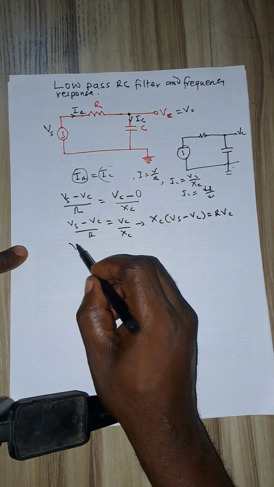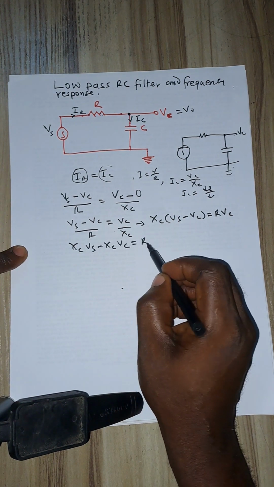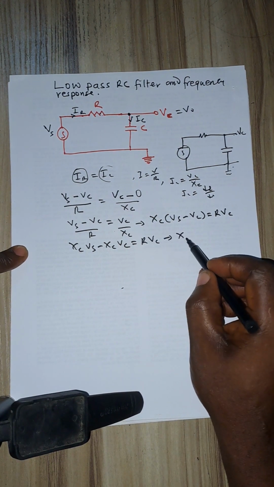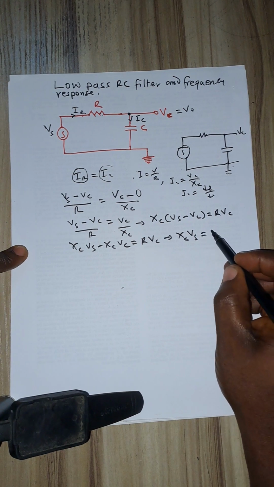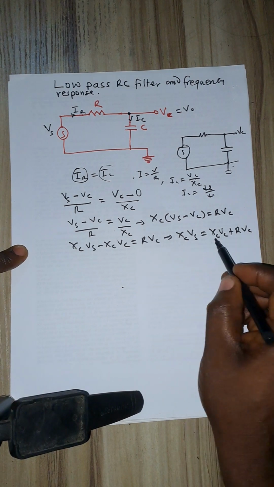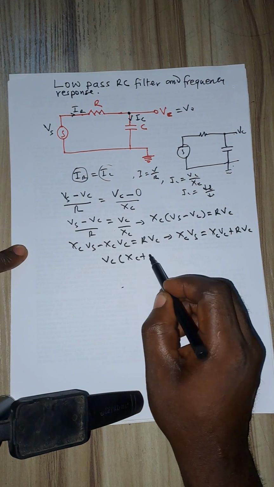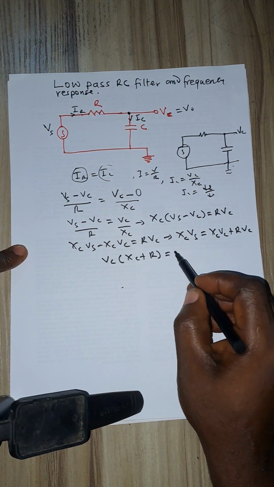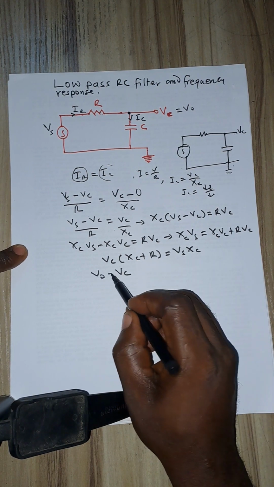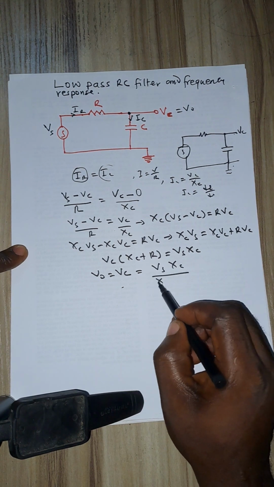If you open the bracket, you have Xc Vs minus Xc Vc equals R Vc. Collecting like terms, we have Xc Vs equals Xc Vc plus R Vc. Factoring out Vc, that's the output voltage, times (Xc plus R) equals Vs Xc. So the output voltage, Vc, will be equal to Vs Xc all over Xc plus R.